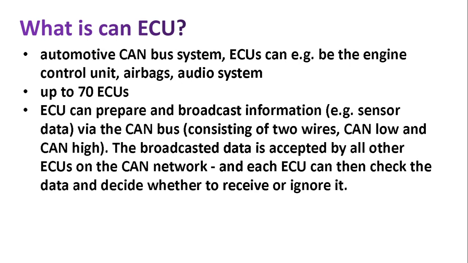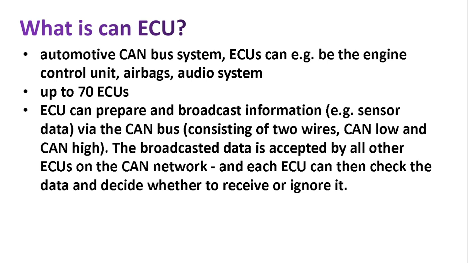We'll move to the next slide. So ECU in an automotive CAN bus system. Examples are the engine control unit, airbags and audio systems, right? As I told you, ECU is an electronic control unit, which is used in automotive cars.